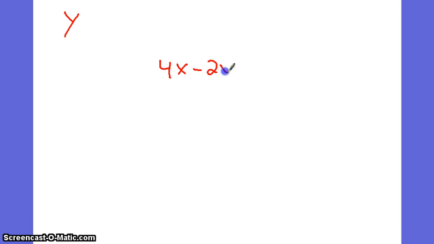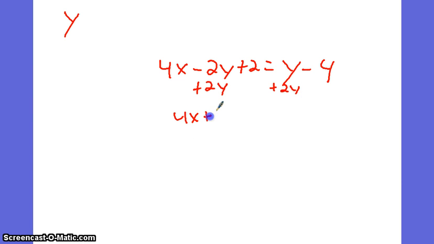4x minus 2y plus 2 equals y minus 4. So same type of thing, but this time a little harder. So I want to add 2y on both sides. That gives me 4x plus 2 equals 3y minus 4. Add 4 on both sides. Okay, that's going to be 4x plus 6 equals 3y.